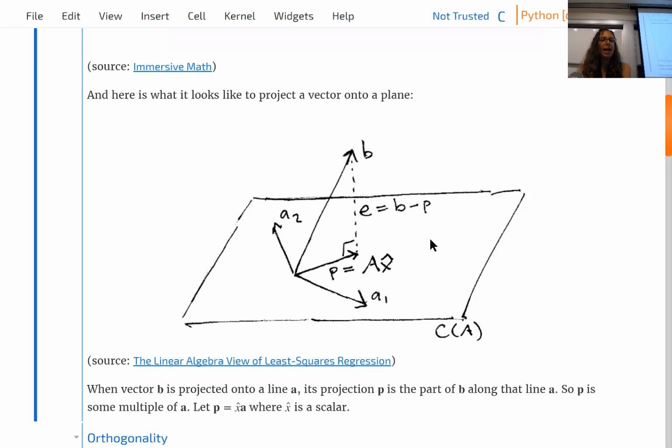So here we've got a plane, and really this plane is the column space of the matrix A, and a vector b, and now we're trying to find the vector that lies on the plane that captures every part of b that's parallel to the plane. And so we get that, and then we've got this b minus p, and that's perpendicular to the plane.